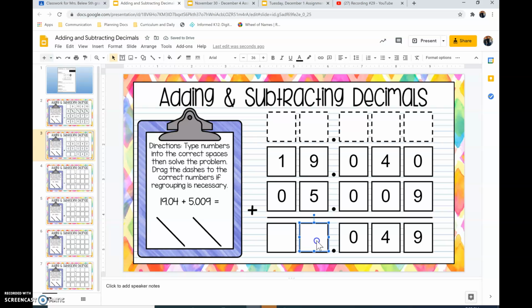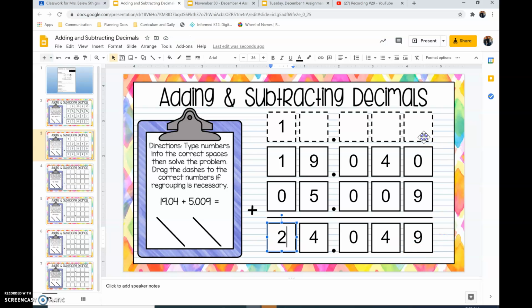So what you need to do here is you need to put your 4, regroup your 1. See how I did that? 1 plus 1 plus 0 is 2. My sum is 24 and 49 thousandths.